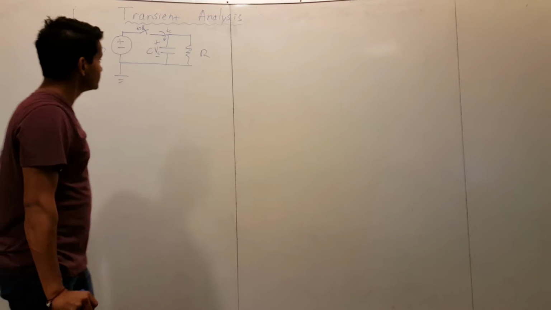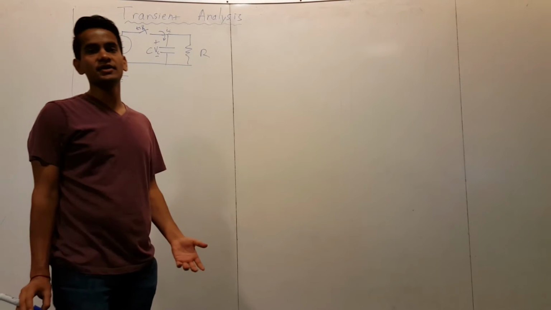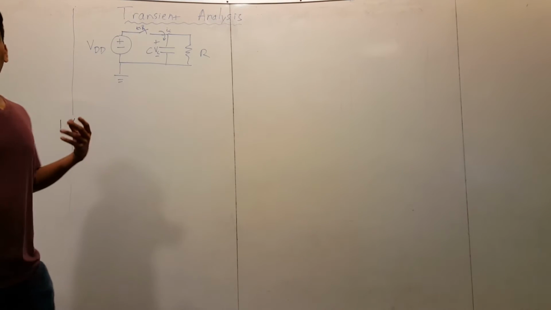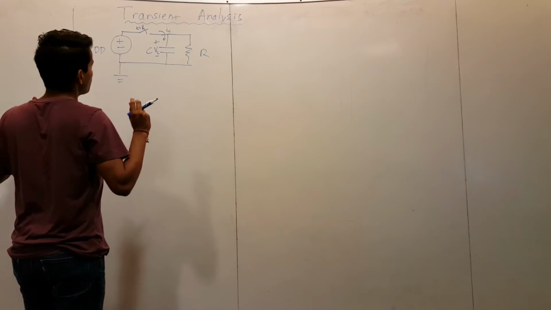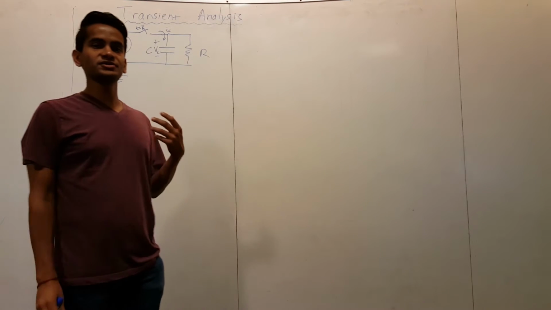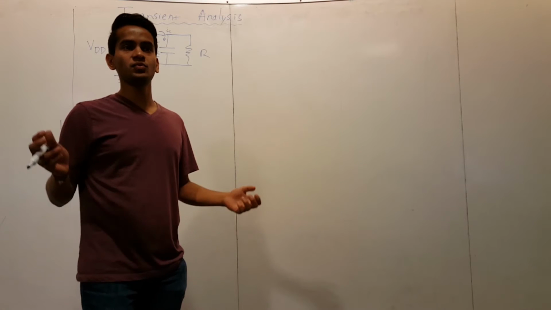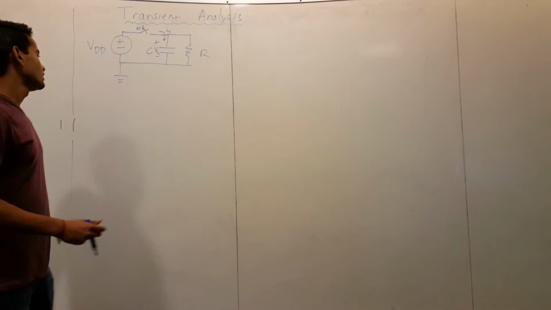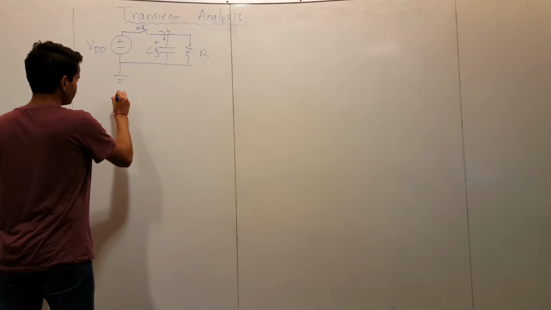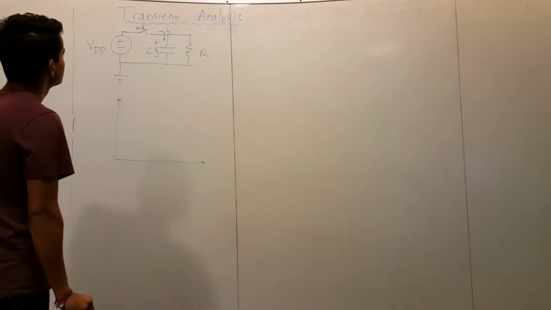What I like to do when solving these problems is to first think intuitively about what is happening with the capacitor, and what the initial conditions and the final solutions should be, so that once we solve it, we can ask ourselves if it fits what our intuition says. Let's draw a graph of what's happening.